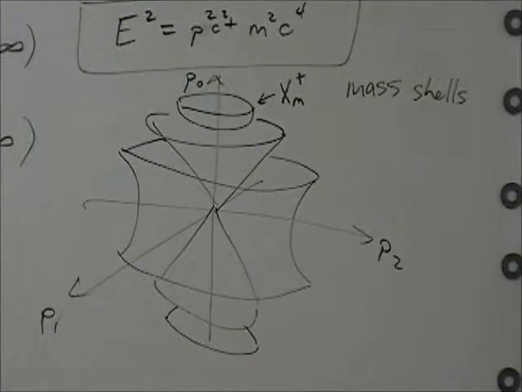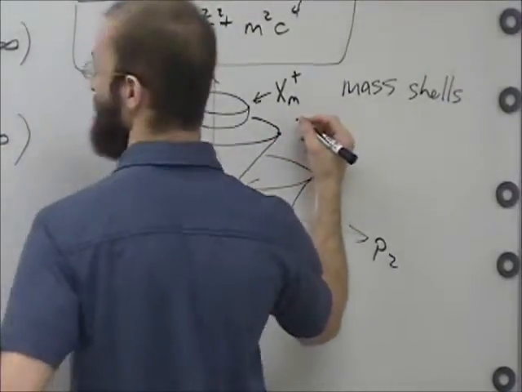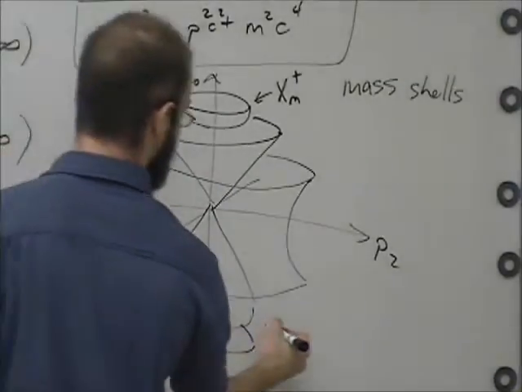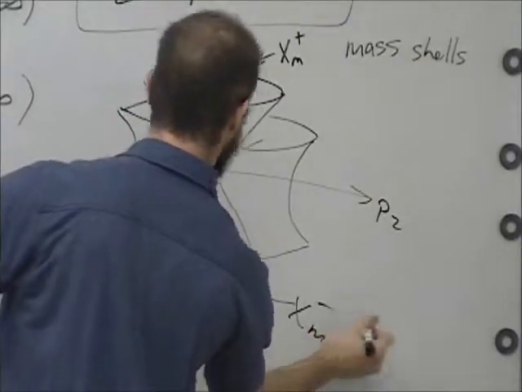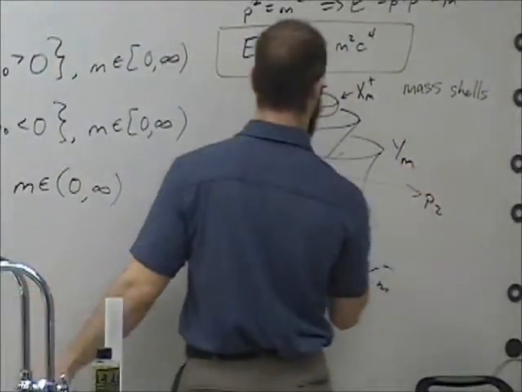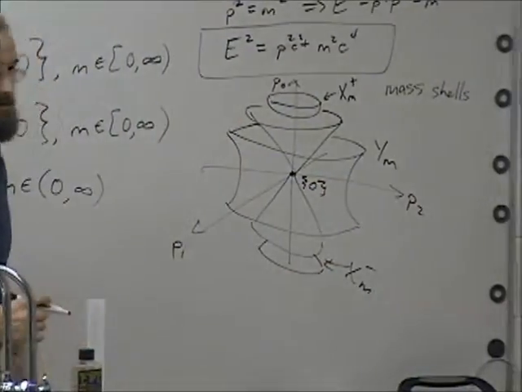Okay, so I always do this. These are the forward and backward light cones. If I just look at this, this is Xm minus. The m goes down here. This is y, m, and then I've got this point 0. So these shapes are my orbits.